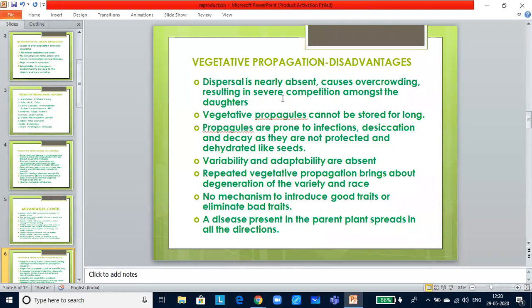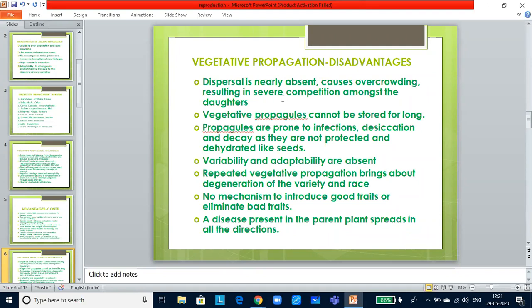You have seen variability is absent. Because variability is absent, even adaptability will also be very low. Now what happens is when you are repeatedly subjecting a particular plant only to vegetative propagation, then there will be a degeneration in its genetic quality over a period of time when the external environment keeps changing.